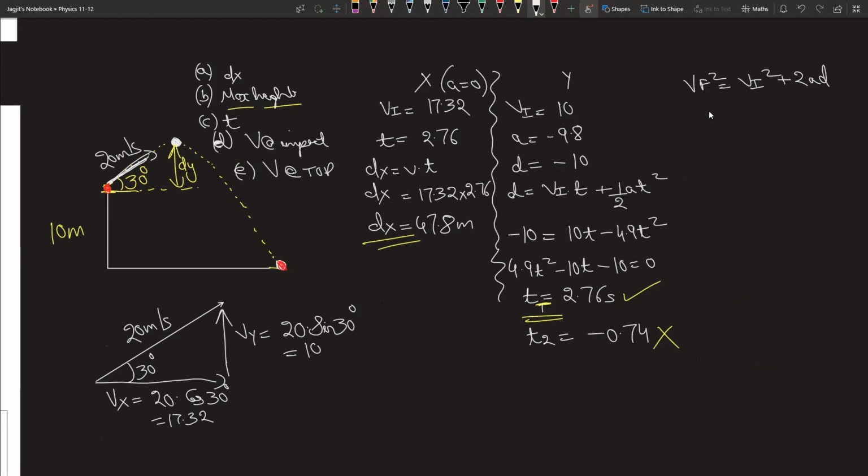Where my vf at the highest point for y is going to be 0. My initial velocity is 10 squared. And 2 times negative 9.8 is negative 19.6 d. Move this term over here, you get 19.6 d is equal to 100. Divide both sides by 19.6. 100 divided by 19.6 gives you how much?